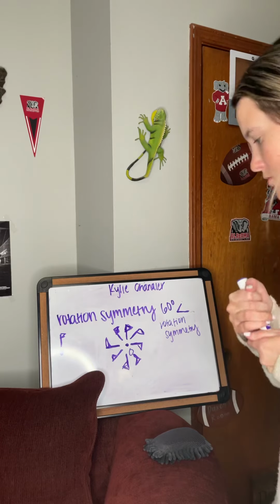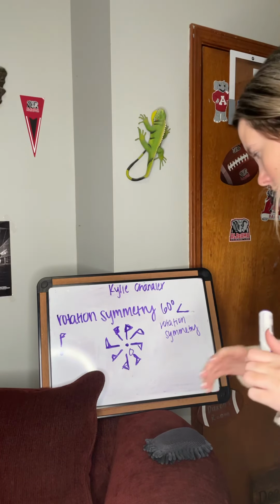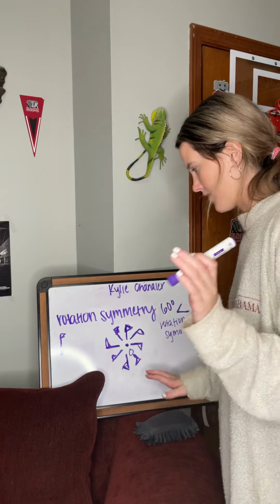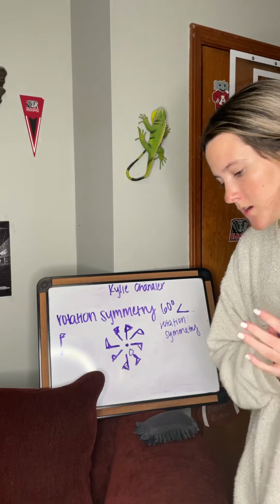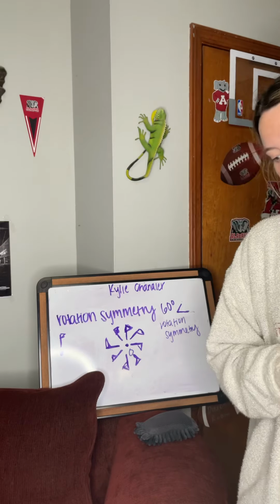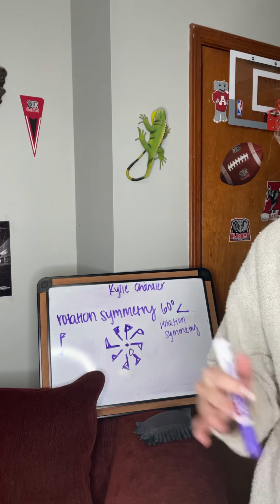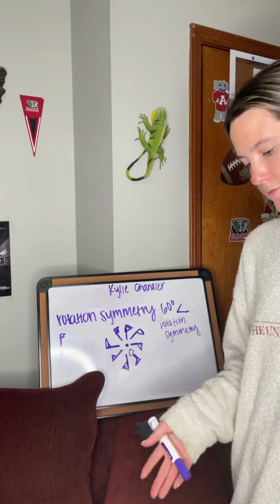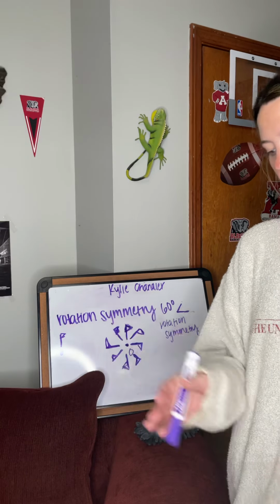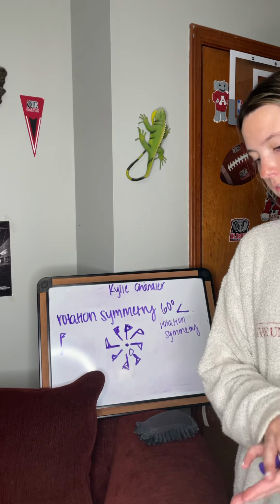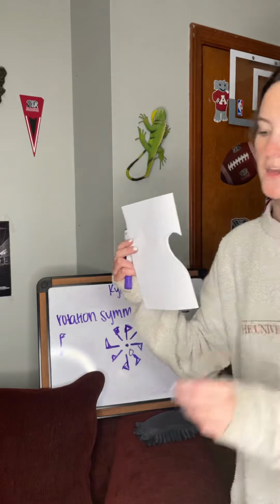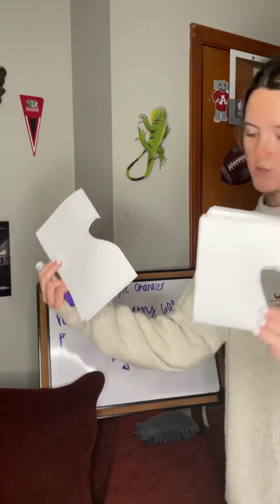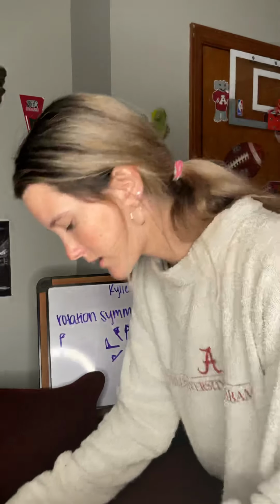So I'm going to review the two definitions that we went over, and then that'll be it for patterns and symmetry. Remember that the line of symmetry is the line that cuts the shape exactly in half. If you were to fold a shape along a line, like a piece of paper, both halves would match exactly, which is the heart example we did, showing it folded once and twice.